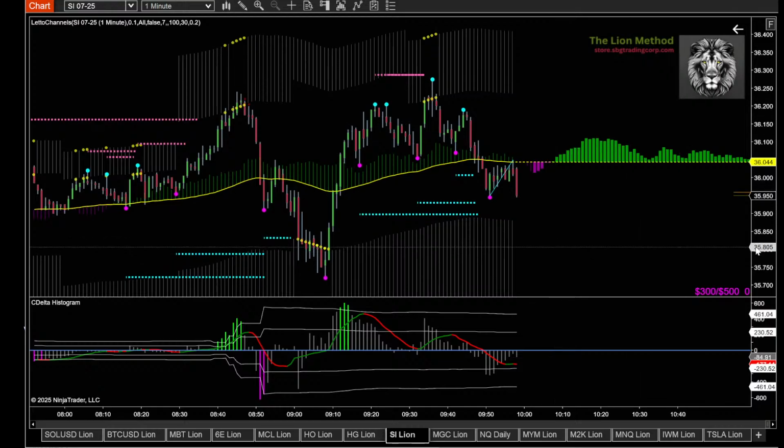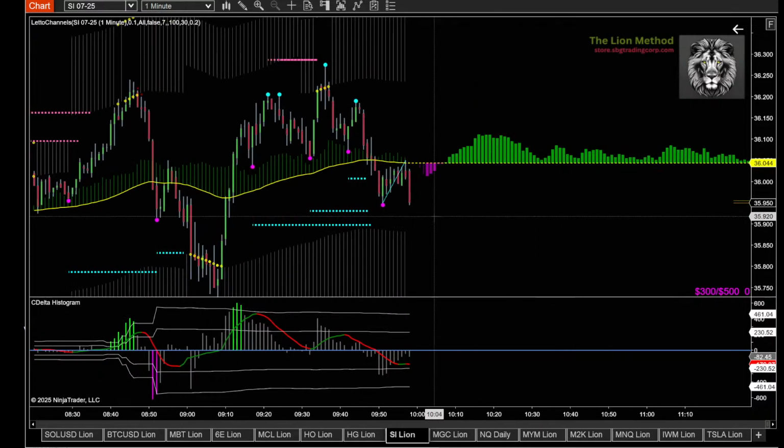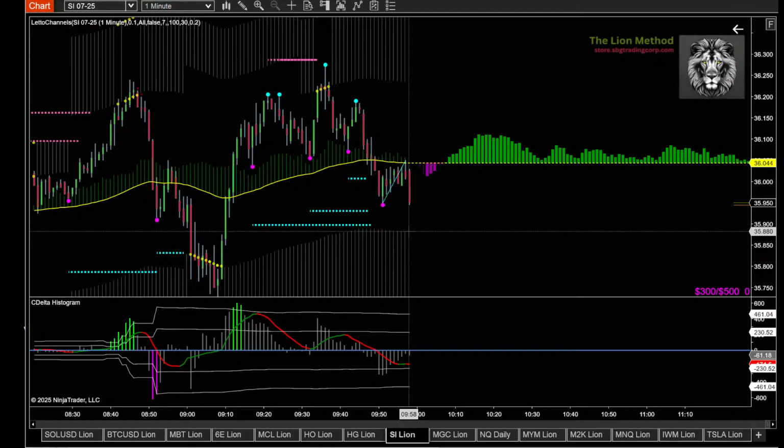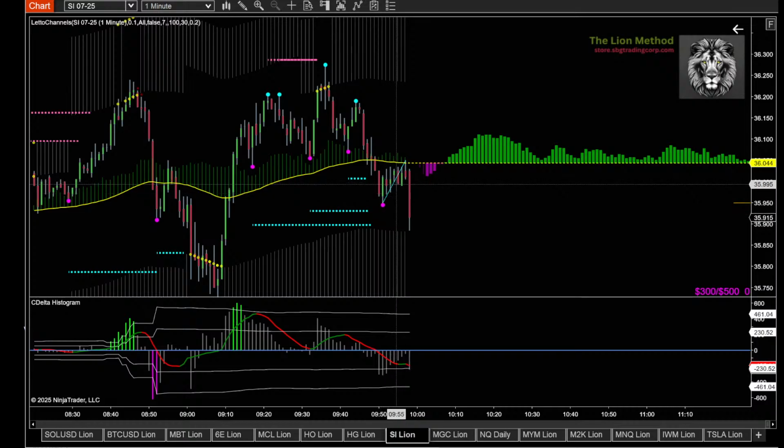I'm not a big trend trader, but this would be one of them. Net delta is negative, although the tendency is up. But going back to the 100 and rejecting it would be a good breakdown here for me. I would target probably this channel line, but silver and me don't always agree. So yeah, it would have hit it.